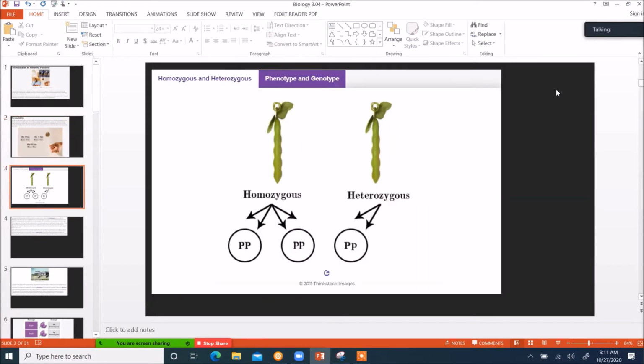In genetics, it's a similar kind of idea. First of all, let's talk about a couple of terms before we get to the probabilities. Let's take a look at these pea plants.